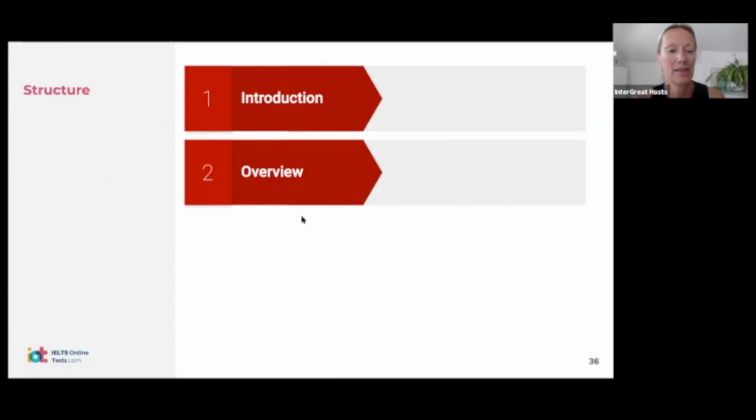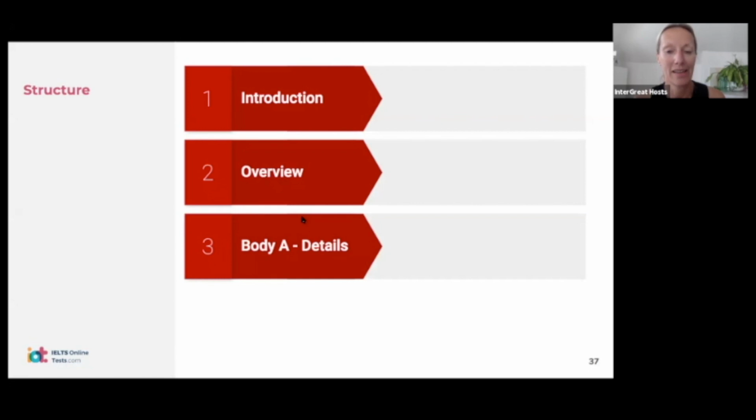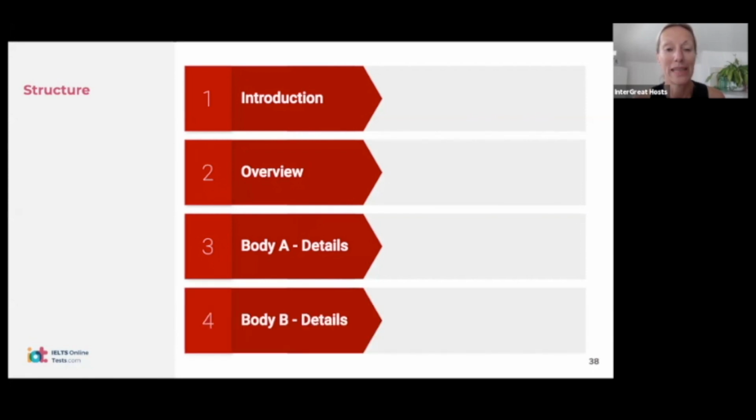Detail, yes, so body A, details, and then, no conclusion, Terence, body B, details. So basically in task 1, instead of the conclusion, you have the overview, right? So that's the difference.